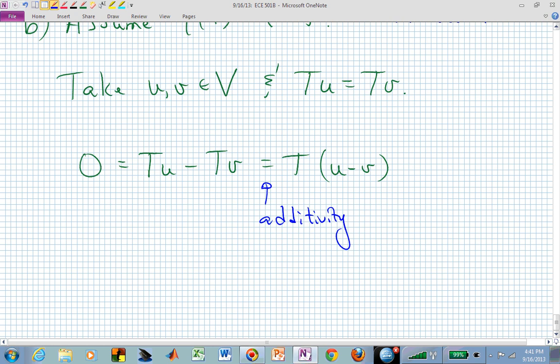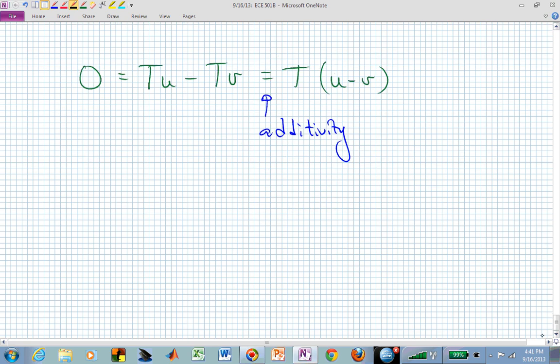But what does that mean about U minus V? I gave you the answer, didn't I? U minus V lives in the null space of T if operating on it with T maps you to the 0 vector. So U minus V is in the null space of T.